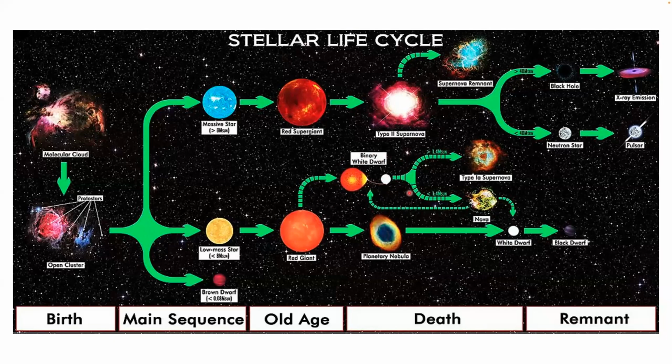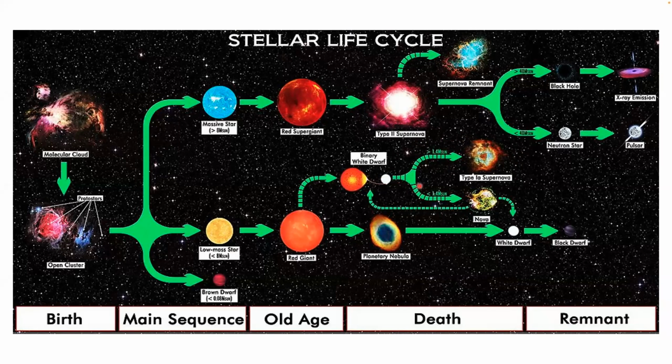And then after that, depending on the mass of the star, the white dwarf could accrete some matter from a companion star nearby, and depending on the mass limits, this particular star could become a type 1a supernova. And there are two types of supernovas, by the way, we are learning, right? So this is called type 2 supernova that goes with these high mass stars. And there is another one that we call type 1a supernova that goes with the low mass stars by accreting some matter from surrounding stars.